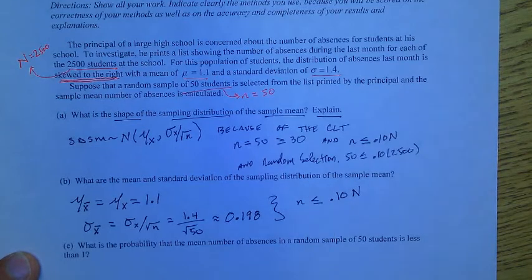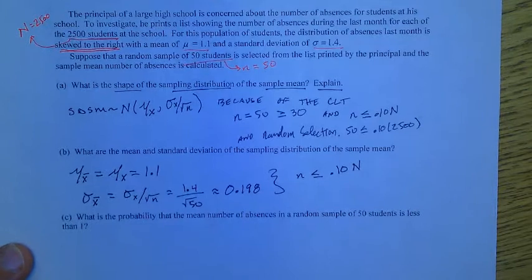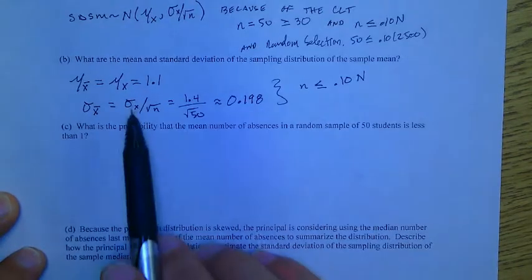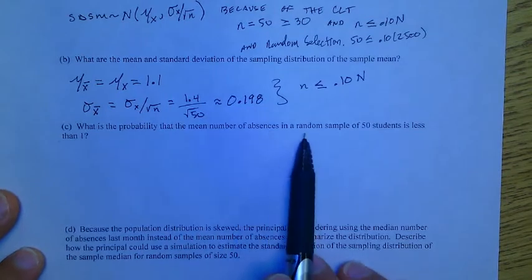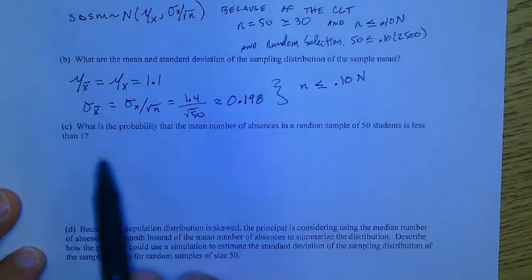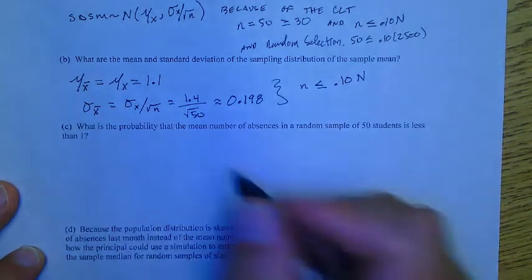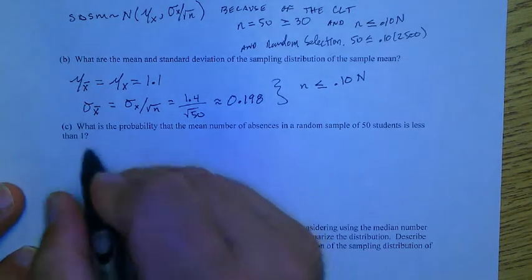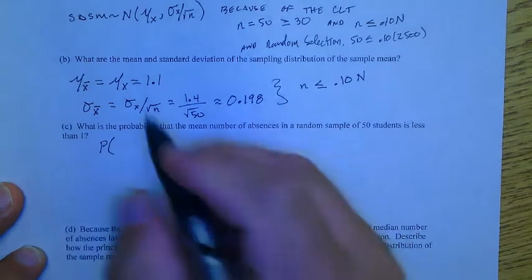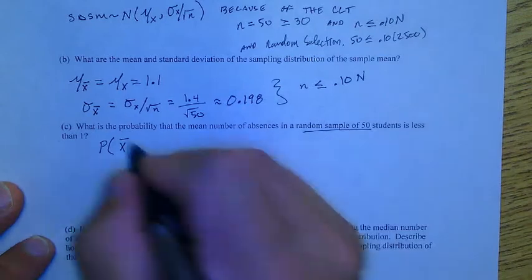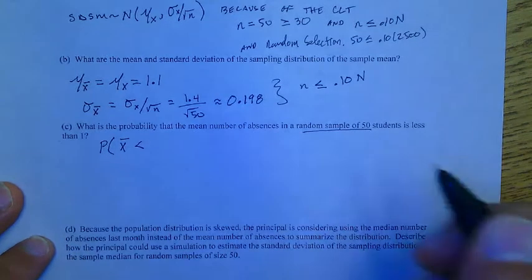Let's go ahead and pause the video for a bit and see if you can use that information to answer part C. So the probability that the mean number of absences in a random sample of 50 students is less than 1.